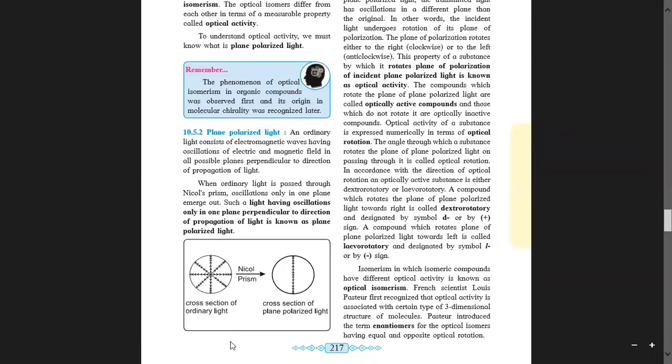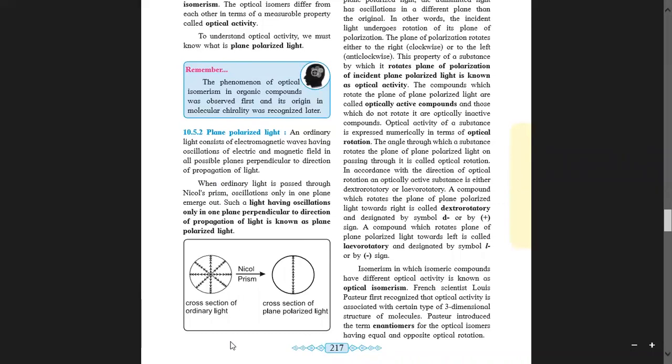An example of ordinary light is sunlight. Ordinary light consists of electromagnetic waves having oscillations of electric and magnetic fields in all possible planes perpendicular to the direction of propagation of light. This is the definition of ordinary light.